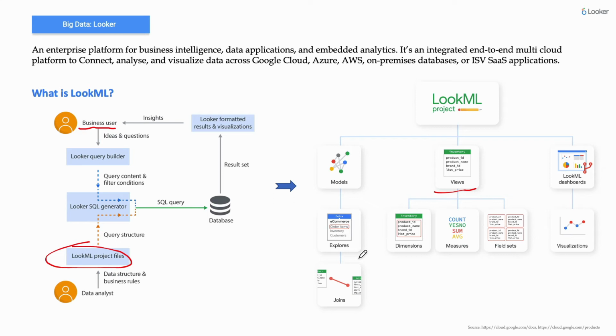If you have ever looked at a data model in Erwin or something, we used to categorize tables in subject areas. So think of it, these are the different subject areas. A join lets you combine data from multiple views.